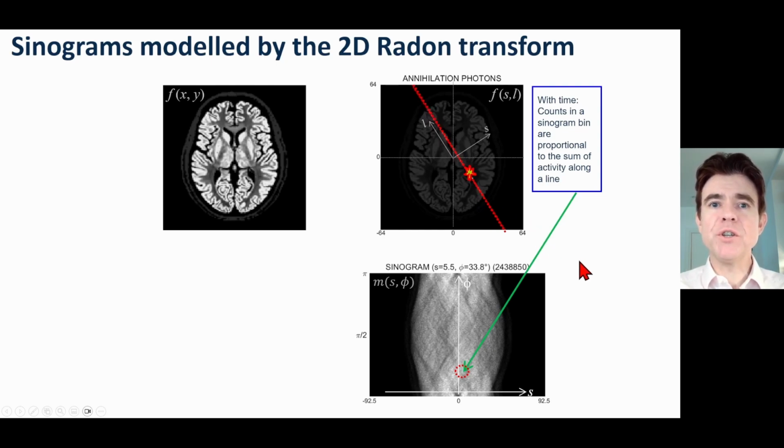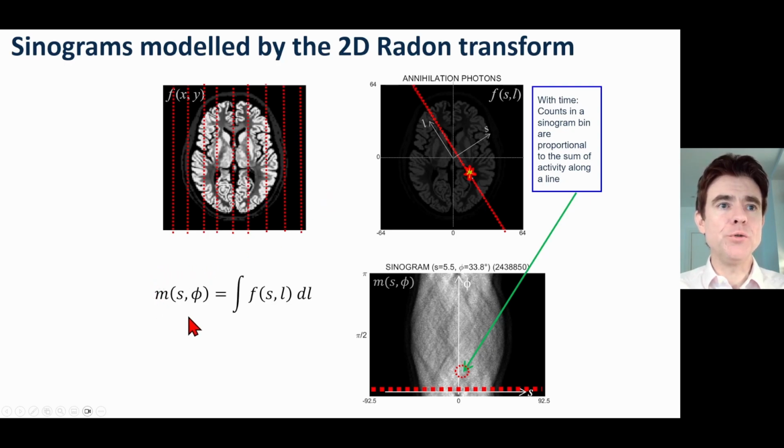Okay, so that means we can therefore model a sinogram and how the sinogram function here m relates to the original function f of S, L, or indeed f of x and y. And so for that we use what's known as the 2D Radon transform, or indeed the 2D X-ray transform, because it's worth saying that this methodology is also applied in computed tomography, in CT, as well.